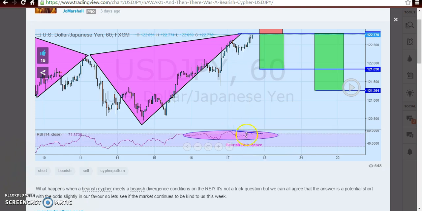So this is what we call a bearish divergence. Even though the market is going higher, the RSI is not reflecting that.